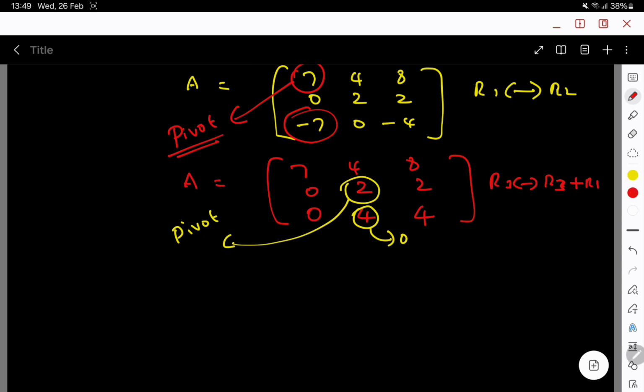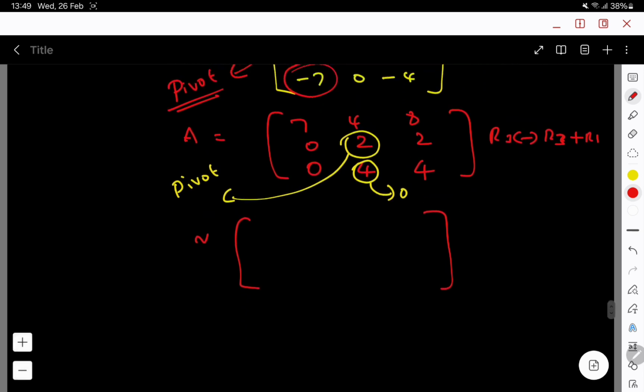So R3 implies R3 minus 2 into R2. That means multiply the second row by 2 and subtract from the corresponding third row. Second row as it is, 0 minus 0, 0. 2 2s are 4, 4 minus 4, 0. Again 0.